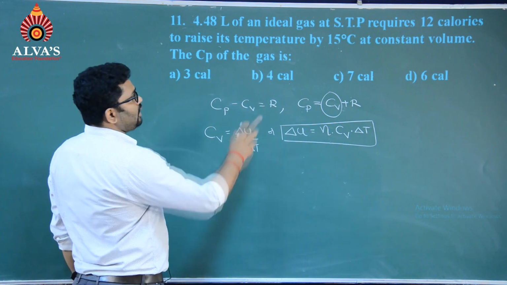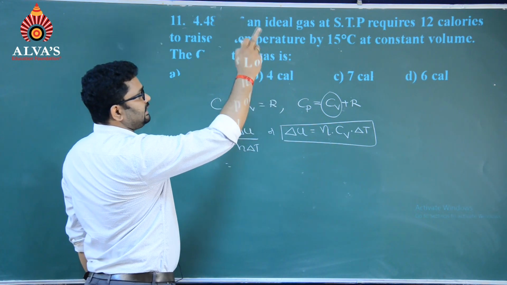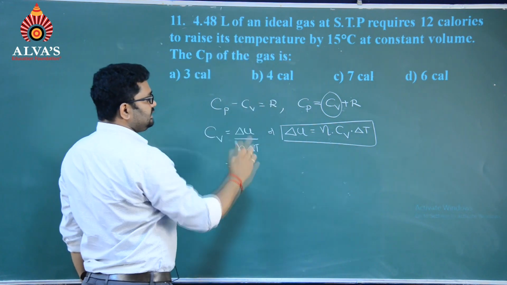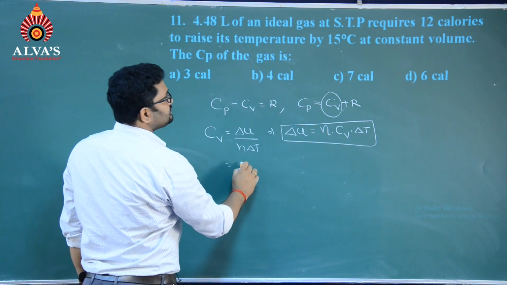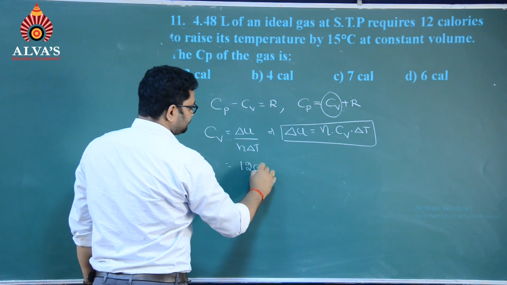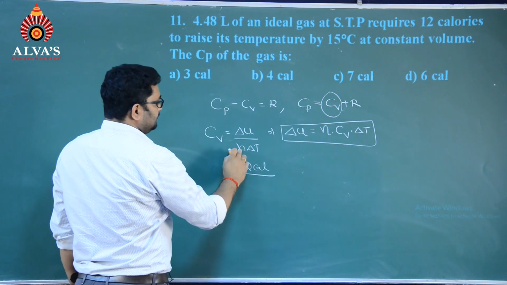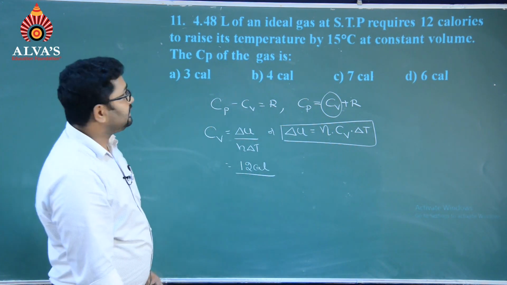That means at constant volume, whatever heat changes, that heat is nothing but internal energy change, so delta U is 12 calories, and n is the number of moles of the gas.